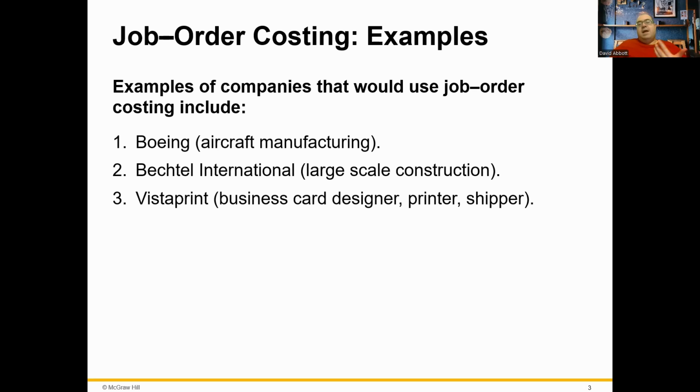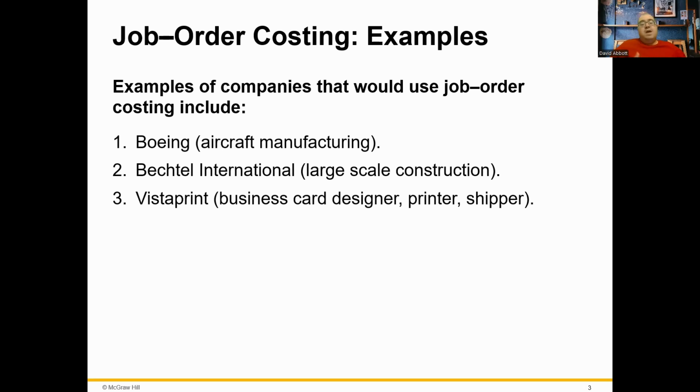A company like a printing company might use job order costing because each of their jobs might be different. So, for example, Vista Print, they make business cards, but they also make a lot of other types of products as well. They make magnets that you can put on the side of an automobile. They make business cards, t-shirts, hats, all kinds of things.